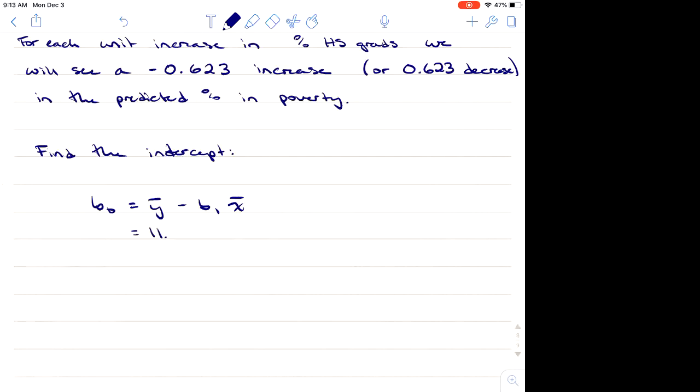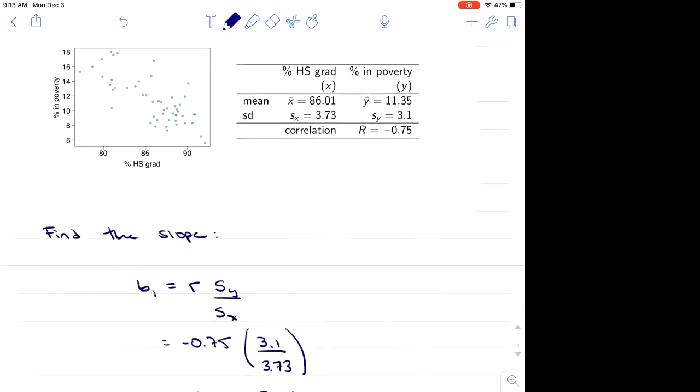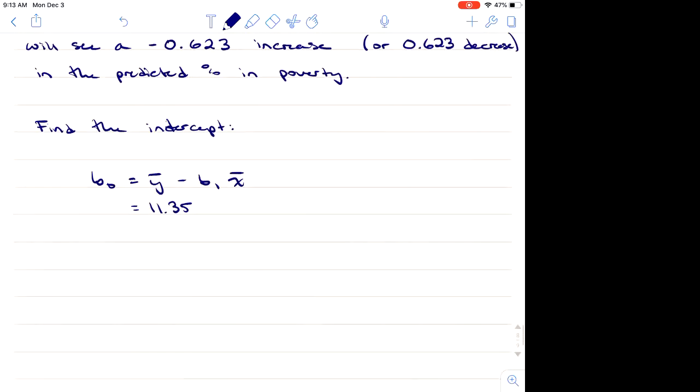I'll just give you those numbers: the mean of the y's was 11.35 and the mean of the x's was 86.01. So 11.35 minus negative 0.623324397 times 86.01.